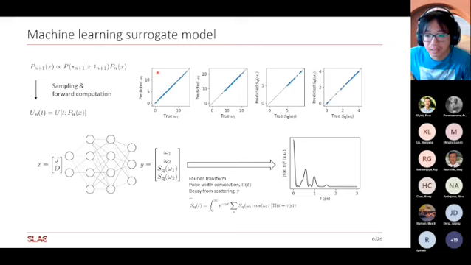Here's the testing data comparison. The horizontal axis is the true value, and the vertical axis is the predicted frequencies and dynamical structure factors. And we can see excellent agreement with the testing data.